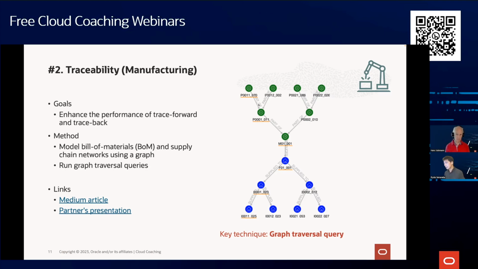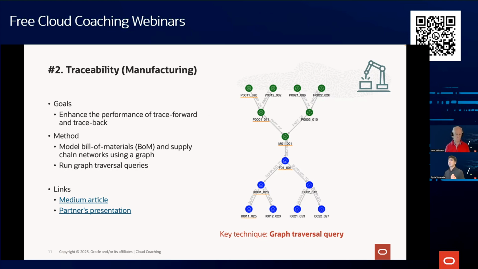So for tracing which serial number of the products are coming from which factory and with which parts and subparts with which lot number, for retrieving such data, we need trace forward and trace back search.